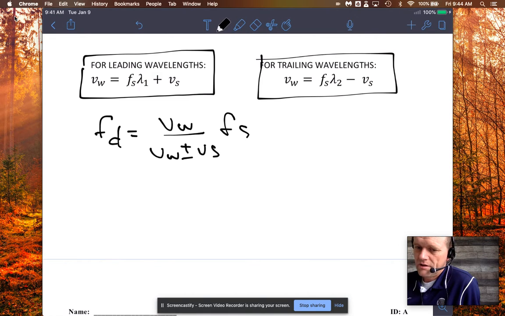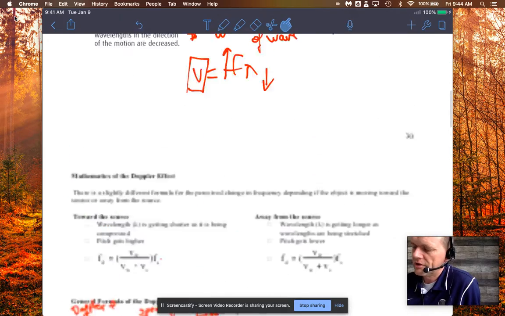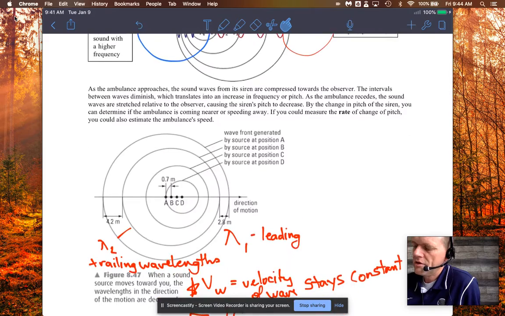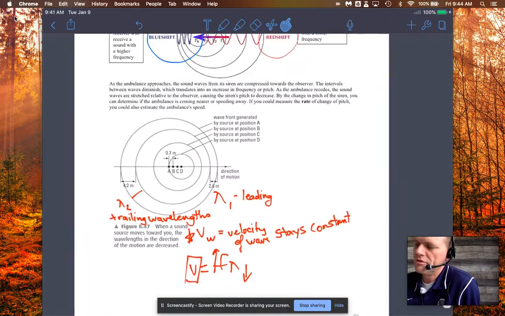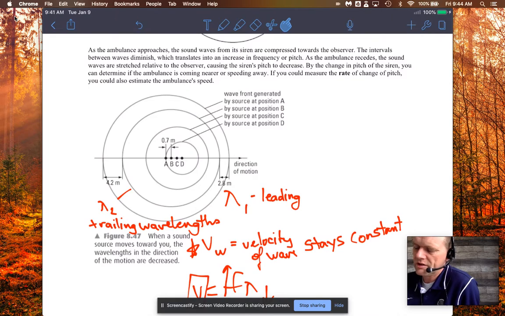There's no wavelengths in here. What I can do, though, is express VW as equal to the Doppler frequency times whatever wavelength I'm dealing with. For leading wavelengths, remember our convention: we are going to use wavelength 1. We're going to call that the leading wavelength and wavelength 2 the trailing wavelength, just for consistency.